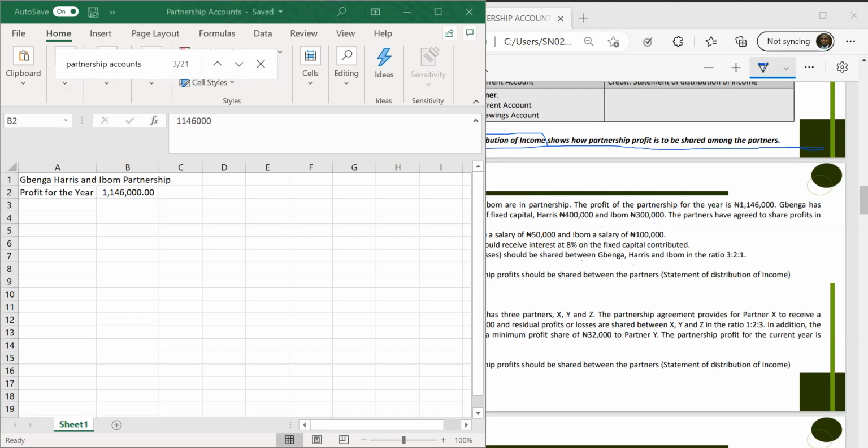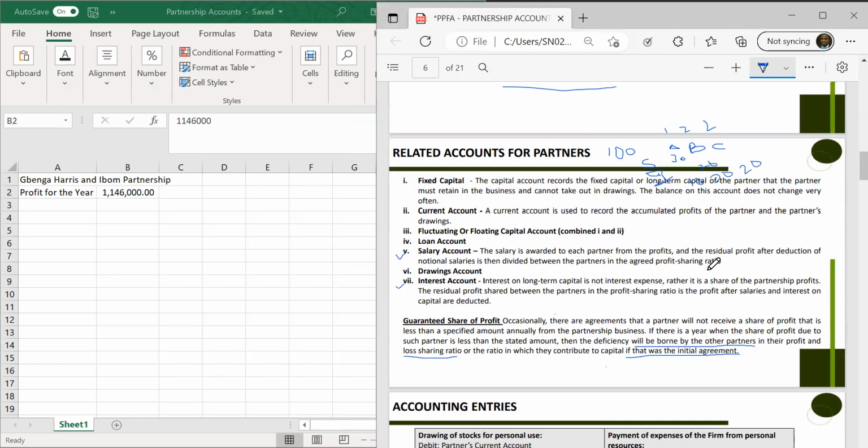If you remember, before we start distributing the profit, we will, number one, remove the salary. We will remove any interest paid on capital. Let me show you why I mentioned it.